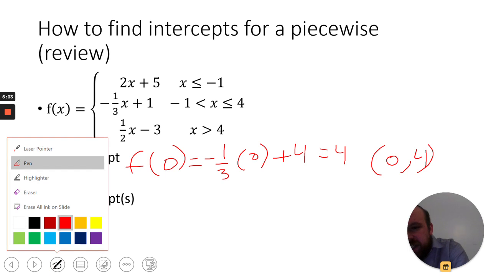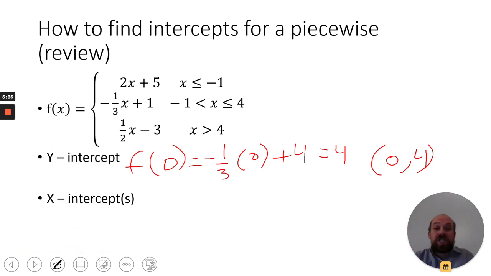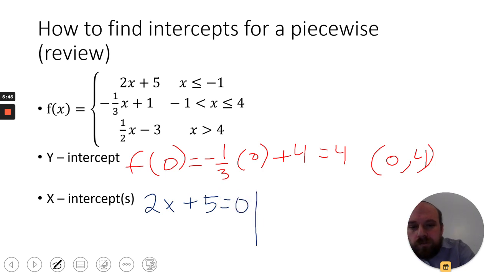The x-intercept, though, is when each equation equals 0, and then you have to test the restrictions. So you first do 2x plus 5 equals 0. Then you'll do negative 1/3 x plus 1 equals 0.